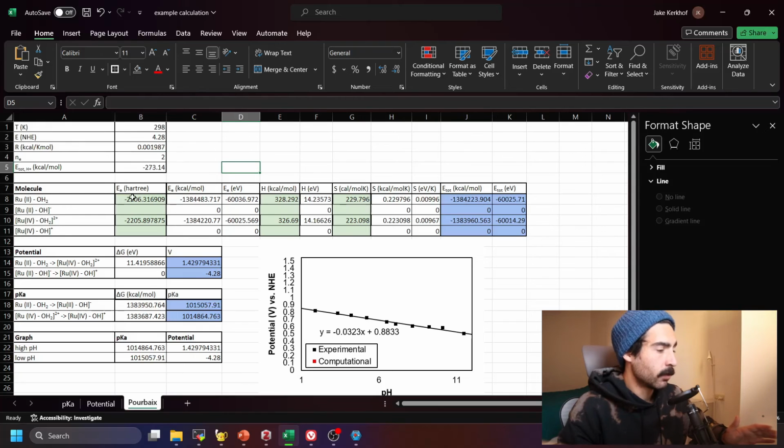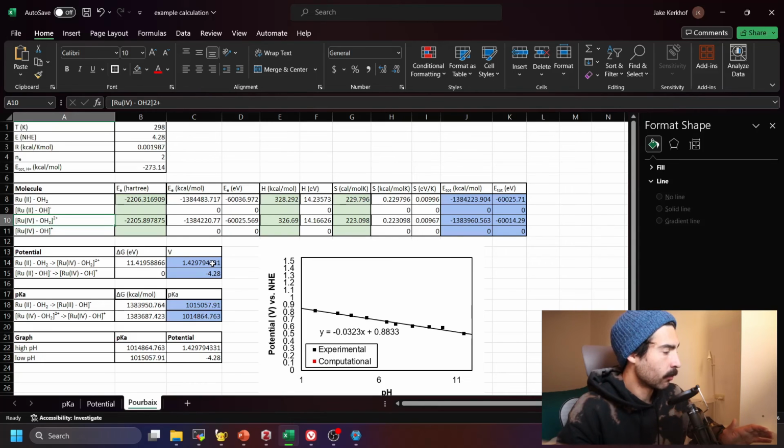And as before, we have the values of the electronic energy, the enthalpy, and the entropy, converted to both kcal per mole and electron volts, which allows us to have the total energy in both kcals per mole and electron volts. And from our previous calculations, we have the energy for our ruthenium-2 aqueous species and the ruthenium-4 aqueous species. So we only need to add our energy for the hydroxo species.